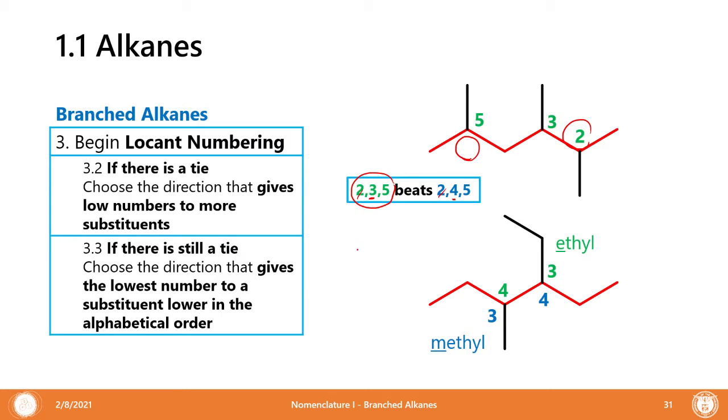As you can see, this one is a methyl and this one is an ethyl. Look at the alphabetization between those two substituents. So you have ethyl and methyl. Ethyl beats methyl because it comes first alphabetically, and so we will use the green direction. So 3 and 4.